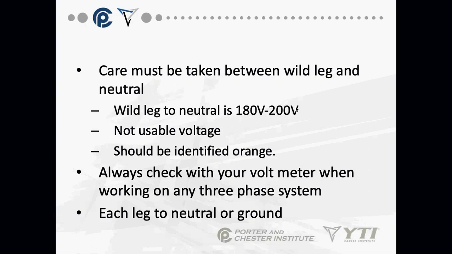The wild leg to neutral is usually between 180 to 200 volts. In other words, I cannot use that voltage to drive 120 volt appliances. It's not a usable voltage.